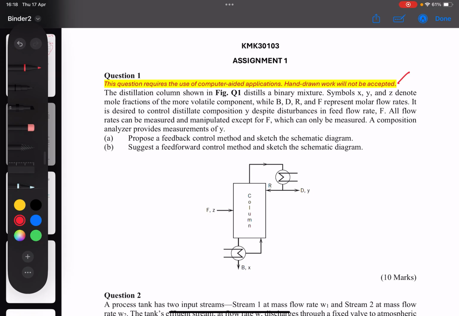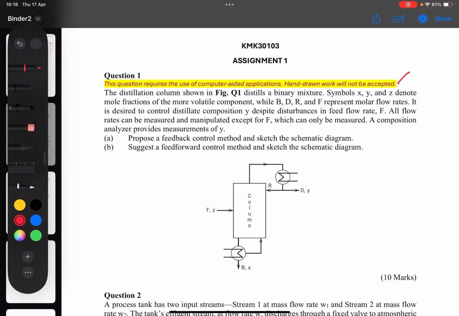So here we're saying that the distillation column shown in the figure for question 1 distills a binary mixture. This is the example of the distillation column. Symbols X and Y denote the mole fraction of the more volatile component, while B, D and R represent the mole flow rates.